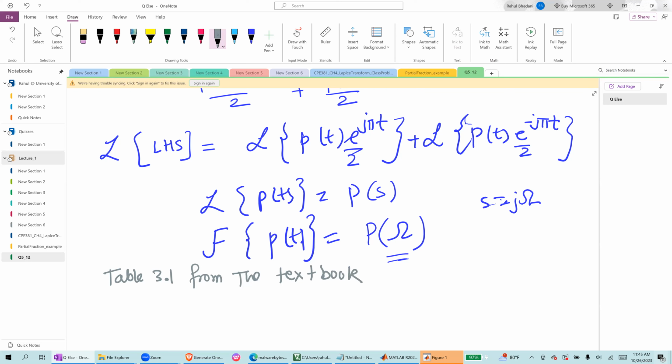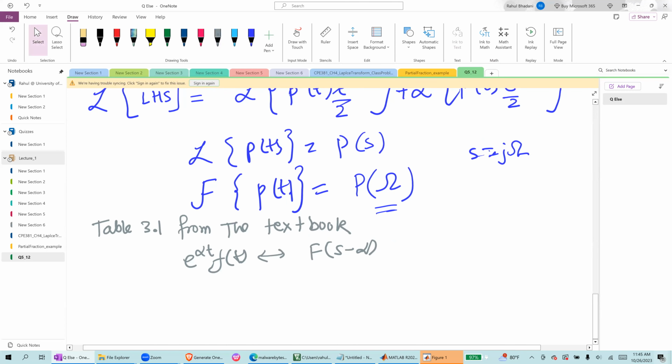It says e to the power αt times f of t is F of s minus α. So we apply the same one.